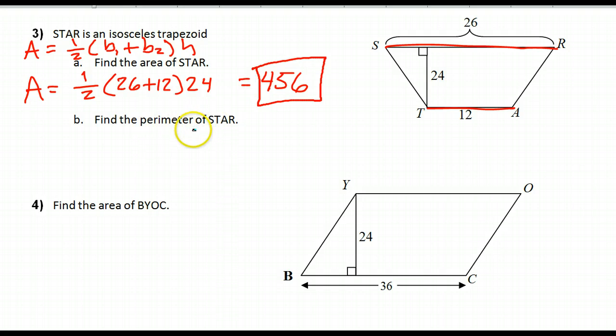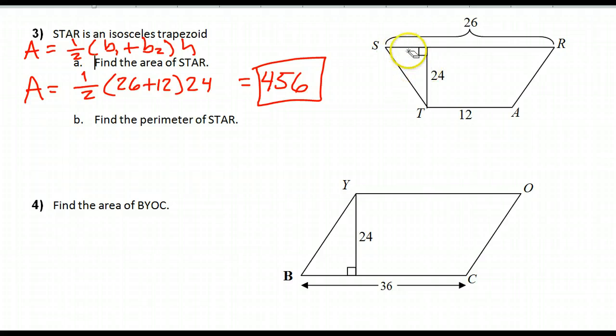Now let's find the perimeter. To find the perimeter, we need to know what these legs are. To do that, we can use the Pythagorean theorem, but it's going to take one extra tiny bit of thought.